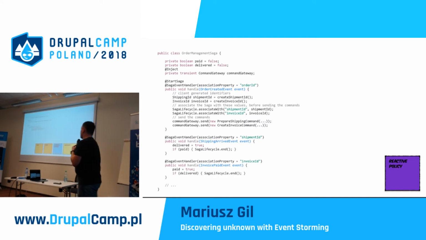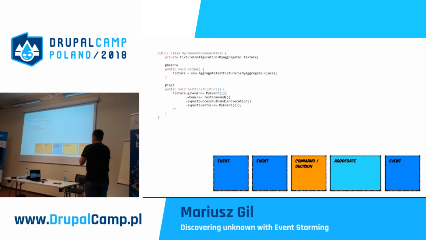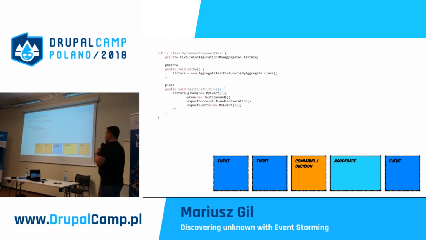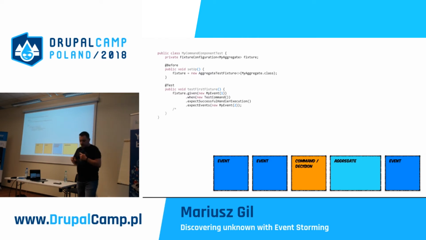Moreover, if you've got events, commands, and your objects, you can identify your acceptance criteria for your system. So I hope you write tests, at least for some part of your projects, like unit tests, maybe some Behat tests. Behat is using Gherkin, and Gherkin is all about given-when-then scenarios.